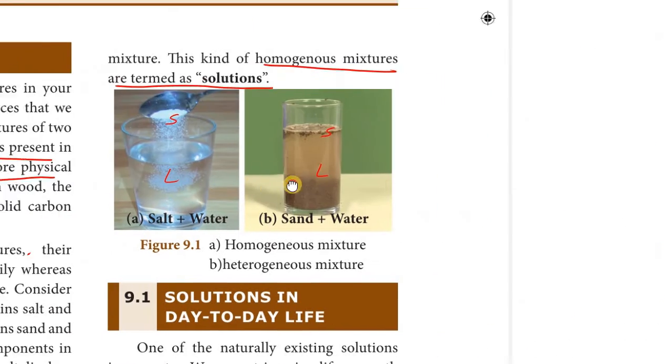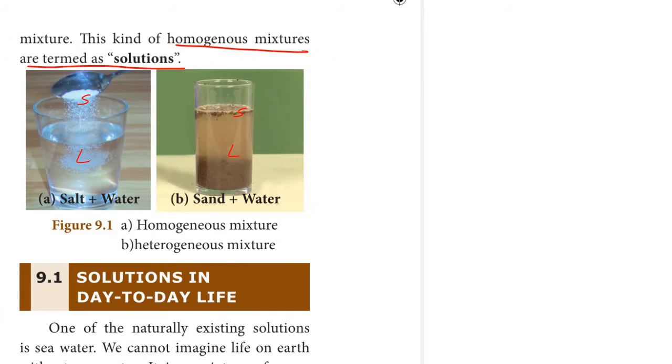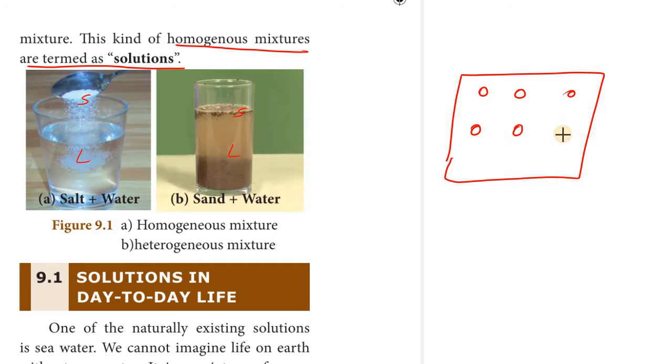So let me spend some time on it. Basically what is happening is that, suppose there are molecules of water over here, right? And then we have also got the salt molecules. Suppose these are the salt molecules. Now homogeneous means they are evenly spaced. Everywhere you will see they are evenly spaced.